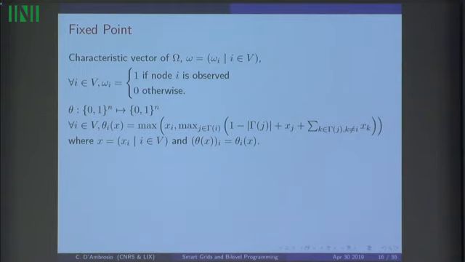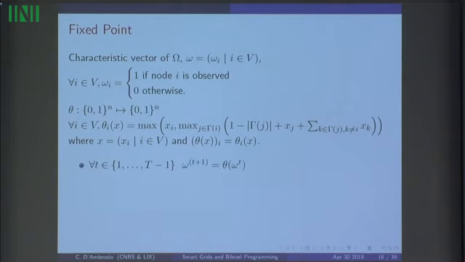So in practice, the meaning is that if we give to theta as an input the vector of the current observability of the nodes, then it will try to apply rule number 1 to propagate the observability.